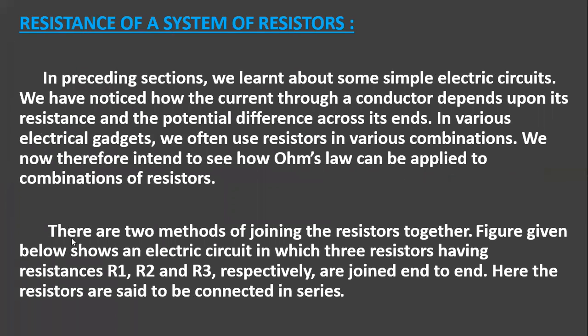Next, resistance of a system of resistors. See children, in previous sections we have learnt about some simple electric circuits. We have noticed how the current through a conductor depends upon its resistance and the potential difference across its ends.